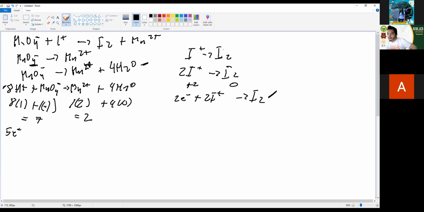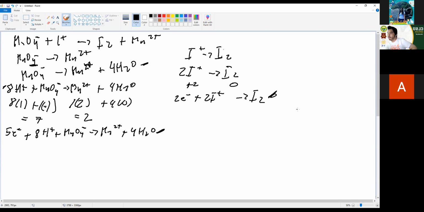So, 5 electrons plus 8H plus MnO4 negative will yield Mn2 plus water. So, negative 5 plus 8 is 3, minus 1 is 2. So, 1 times 2 is 2 and 4 times 0 is 0. So, 2 plus 0 is 2. So, balance na.